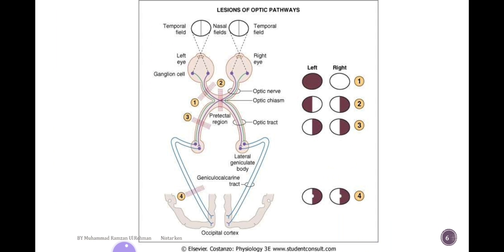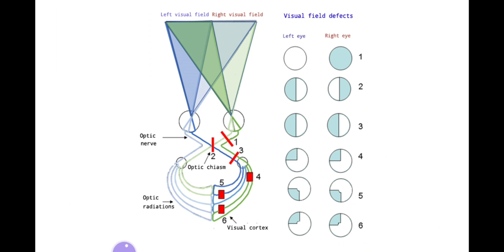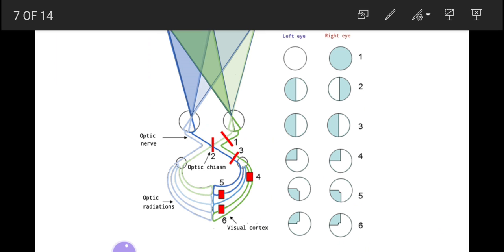This is one of the pictures of optic pathway lesions. I have told you that the visual system begins at the back of the retina and passes through the optic nerve. When there is a lesion at this level, there will be complete blindness of the right eye, as shown in the picture.